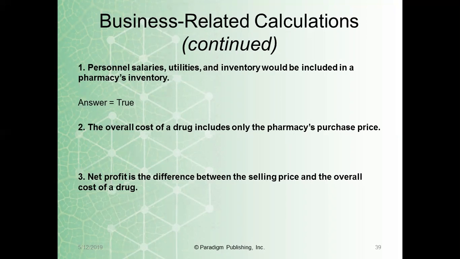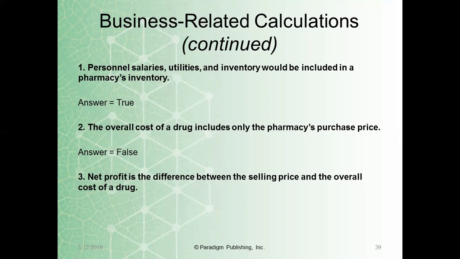The overall cost of the drug includes only the pharmacy purchase price. And this is false. Remember that the overall cost of the drug includes not only the pharmacy purchase price, but any other purchases or anything that came out of pocket from that pharmacy facility.